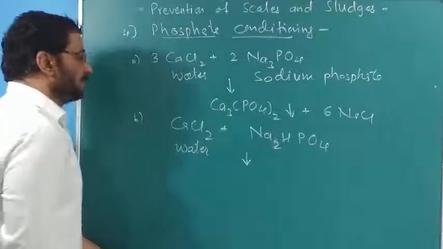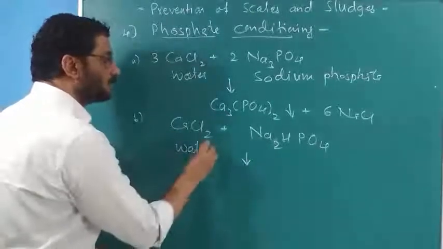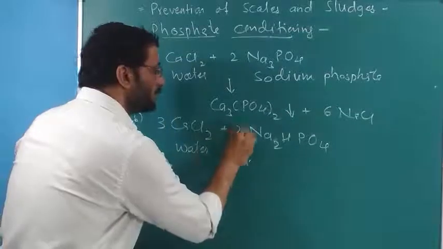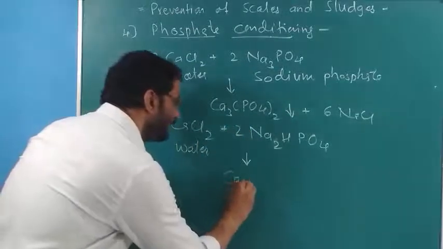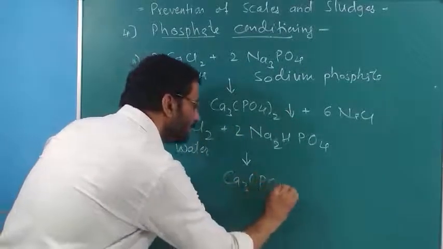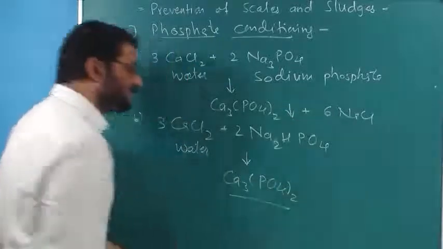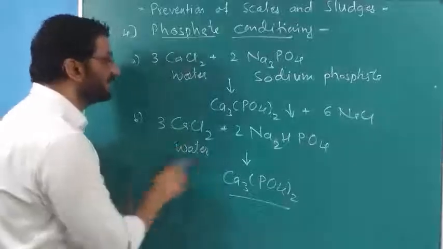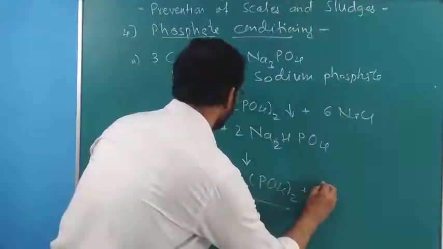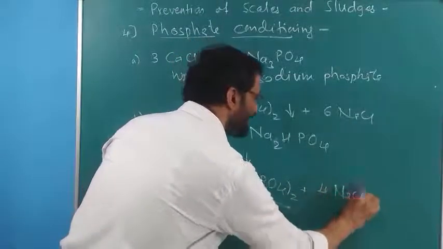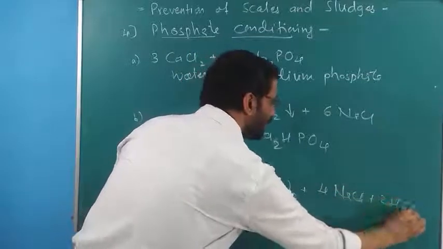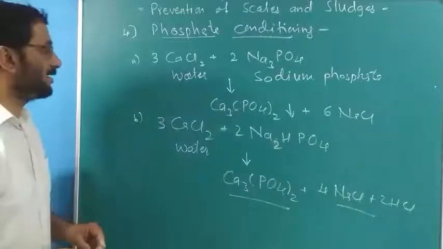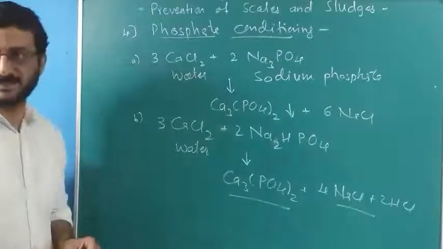CaCl2 in water, adding orthophosphate, it will again form. This will be thrice CaCl2, plus twice Na2HPO4. I am getting Ca3(PO4)2 in the form of a less harmful substance, so conversion of this to this, isn't it? Plus 4 NaCl plus twice HCl. Okay, these are the reactions coming under the heading phosphate conditioning.